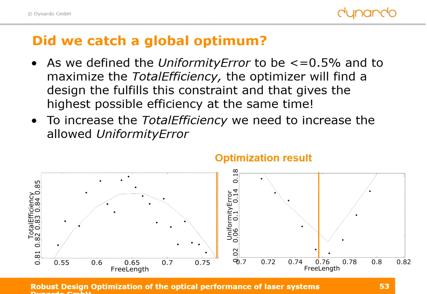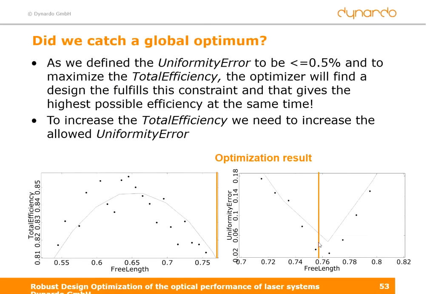Many people might question now if we really catch the global optimum. And we can say here, yes, we did. Because as you have seen in the charts or the diagrams already before, it was defined to have a uniformity error equal or smaller than 0.5%.